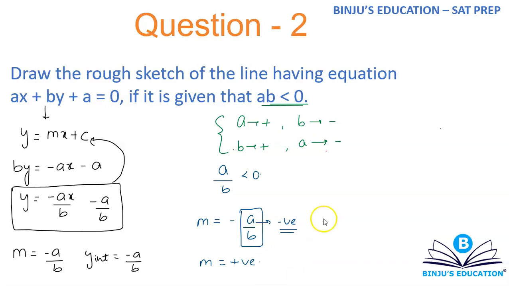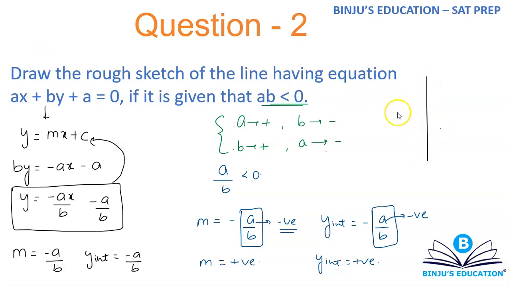Similarly, when you talk about the y-intercept, that is minus of a by b. Again the same thing, a by b is negative, so negative of negative will automatically give you positive. So you have a positive slope, you have a positive intercept. That means you can draw the rough sketch of the line as something like this.